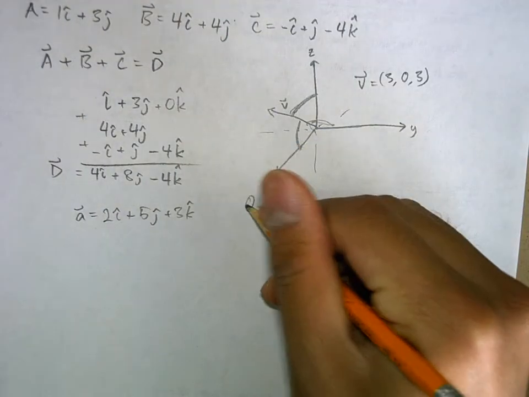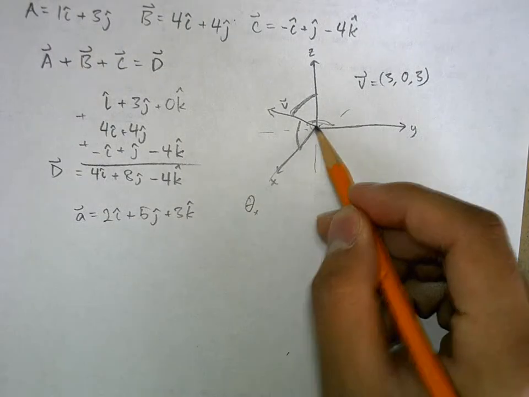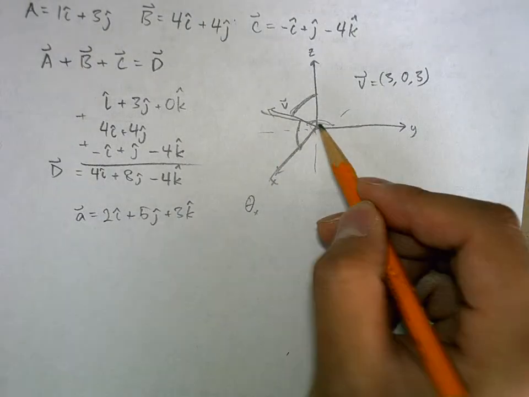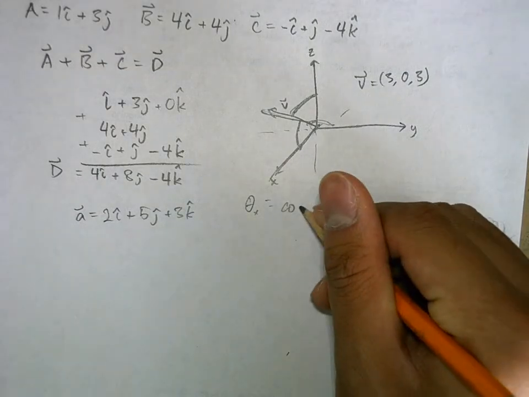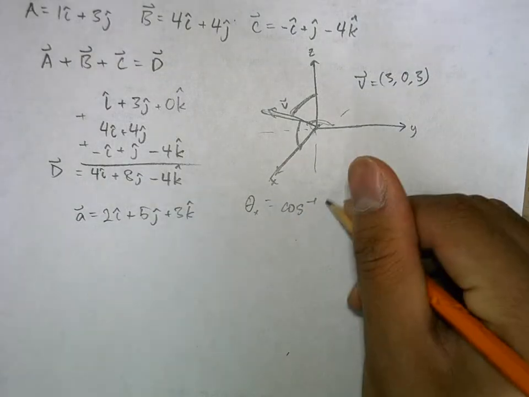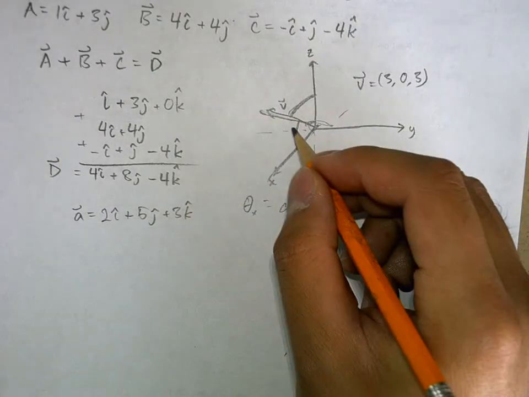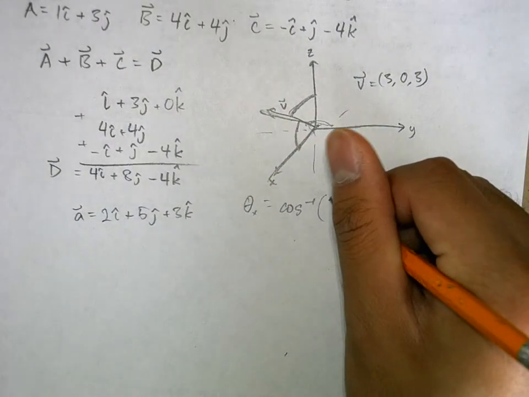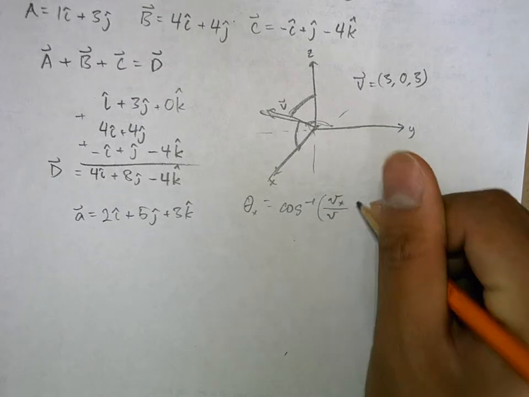You can say the angle between the x-axis and this vector here is just theta equals cosine inverse of the x component of your vector, we'll just say vx, over the magnitude of v, which is v.